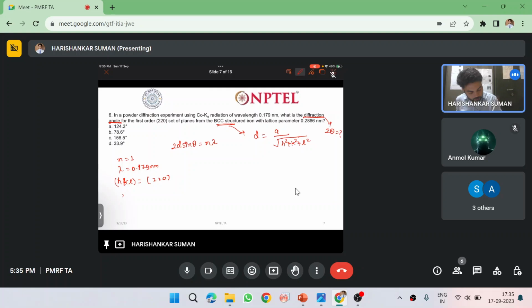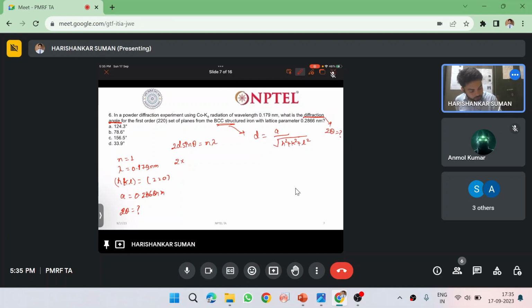We have to find 2 theta. a is 0.2866 nanometer.